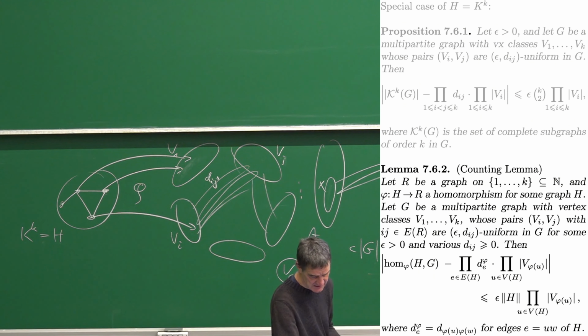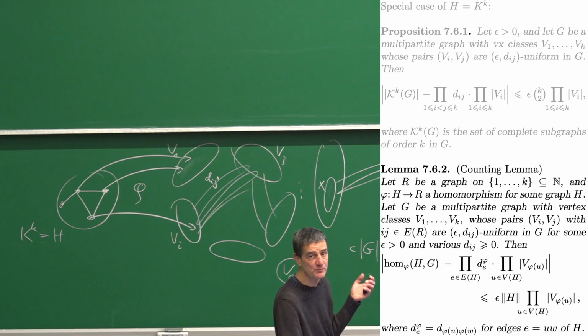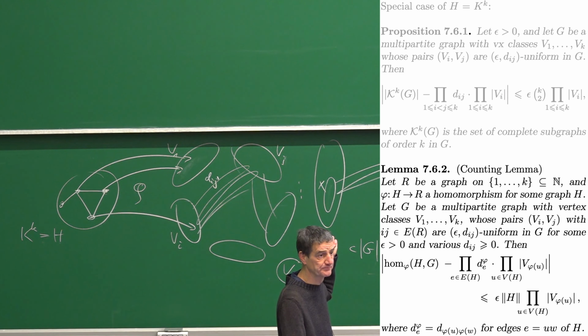There we are. Now, we start with phi. H is a given graph, and we're also giving ourselves a phi that assigns to every vertex of H an index between 1 and k. And on this index set, we're now assuming that there's a graph called big R, much like the regularity graph that we had.